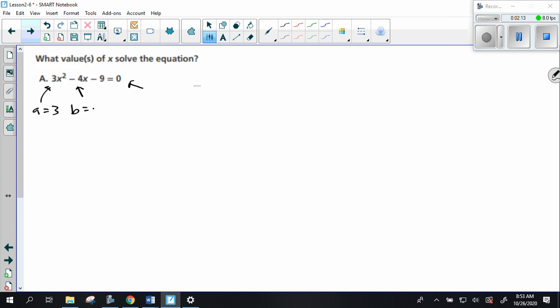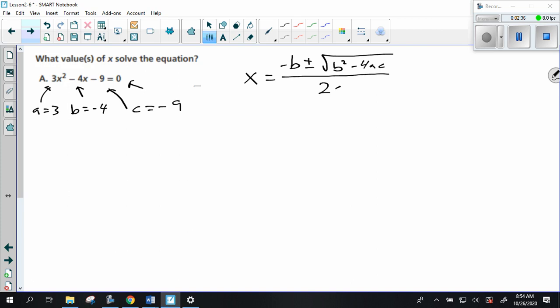So b is equal to negative 4, and right here we see that c is equal to negative 6. We're going to be able to plug those in. I'm going to write the quadratic formula again here so that we can see how we are substituting these values into this formula.